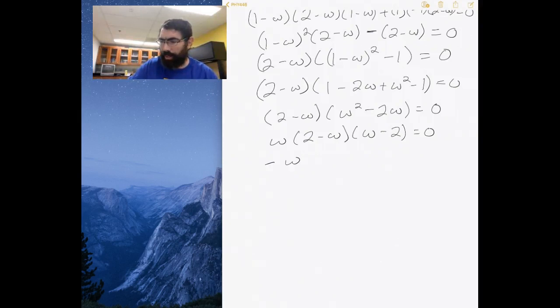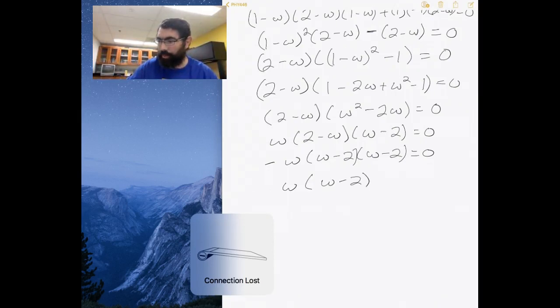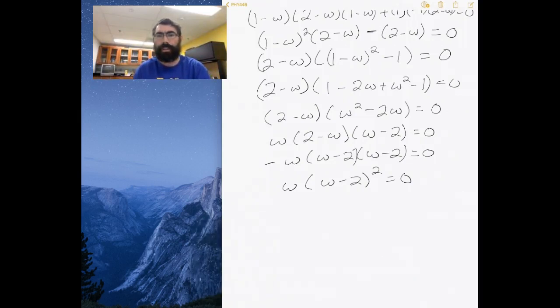So you get minus omega times omega minus 2 times omega minus 2 is equal to 0. Or you can multiply both sides and get rid of the minus sign, and we're left with omega times omega minus 2 squared is equal to 0. So basically, our three eigenvalues are going to be omega equal to 0, and then since it's omega minus 2 squared, our two other eigenvalues are equal to 2.